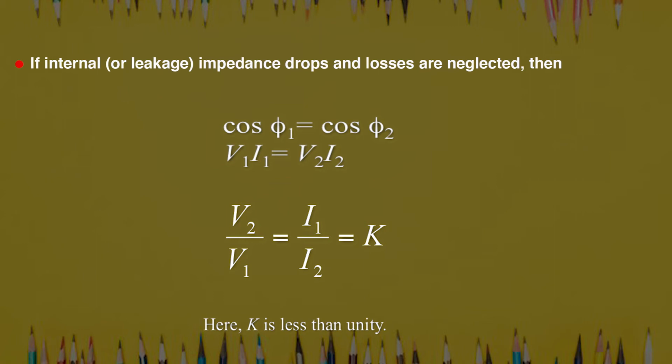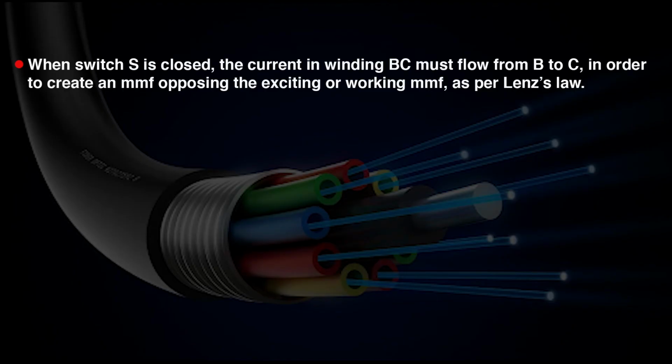The expression is identical to a two-winding transformer, you can notice here. Let at any instant the exciting current flow from A to B, and it establishes a working MMF directly vertically upward in the core. When switch S is closed, the current in winding BC must flow from B to C in order to create an MMF opposing the exciting or working MMF as per Lenz's law.